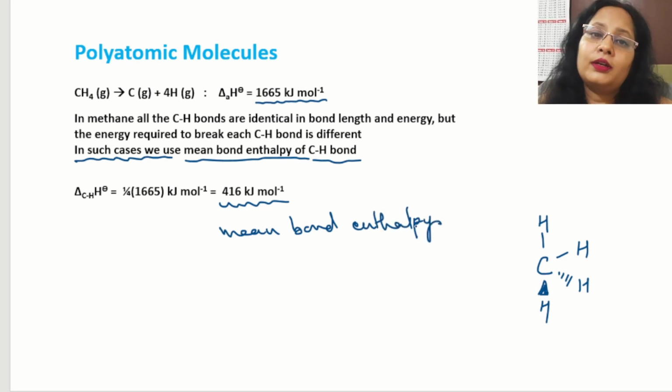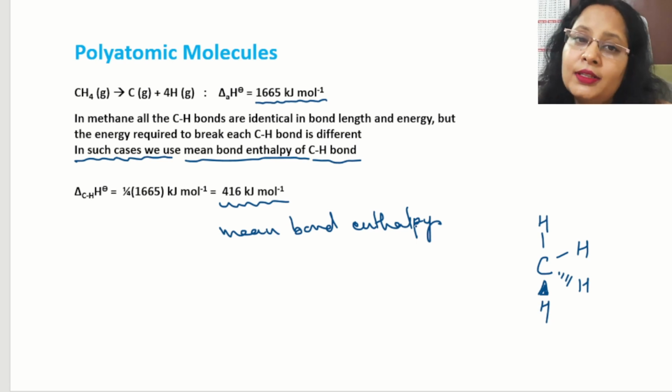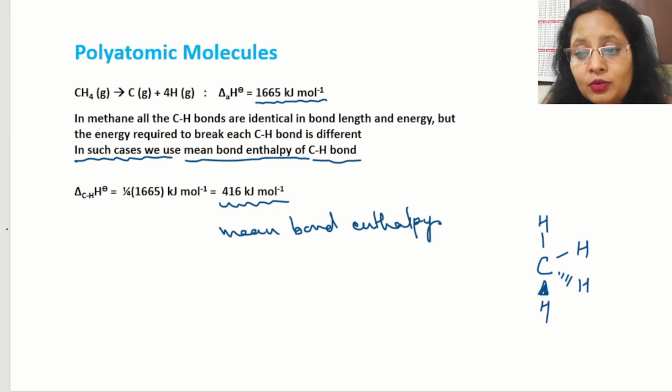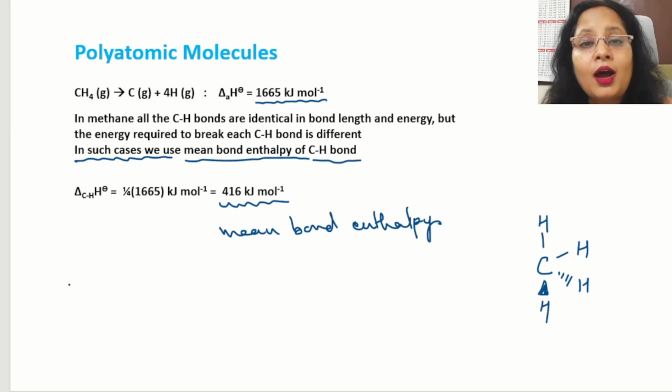So for diatomic molecules, enthalpy of atomization is also called enthalpy of bond dissociation. For polyatomic molecules, it is called mean bond enthalpy. So clear this much. One more thing to mention is that all the bond enthalpies, whether mean bond enthalpy, enthalpy of atomization or enthalpy of bond dissociation, are all positive.